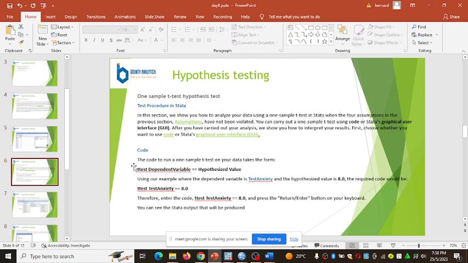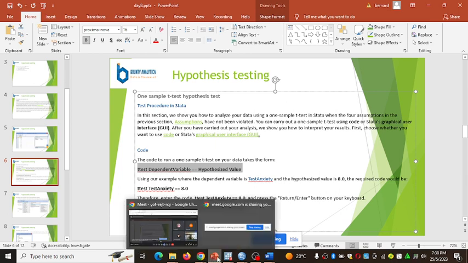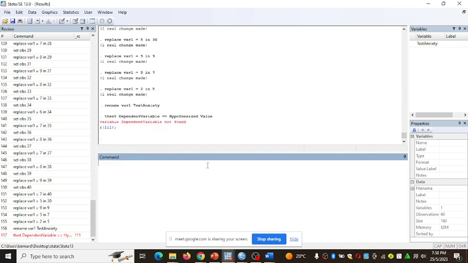The first one: I want you to copy this code here, t-test, dependent variable, double equal sign, the hypothesized value. Copy it the way you want and paste it here on the command line.